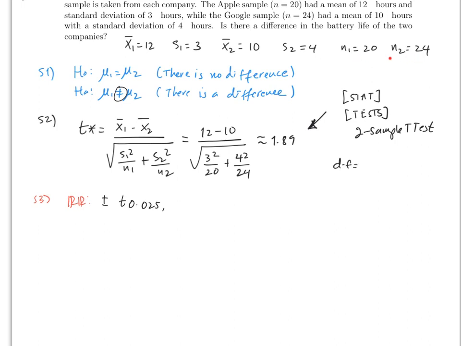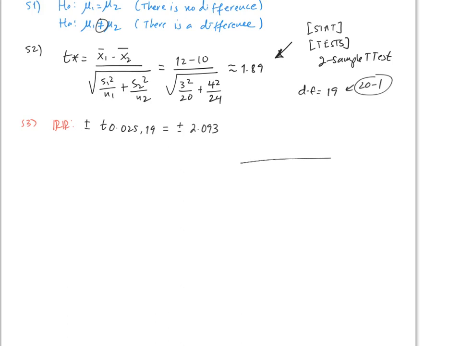The smallest n is 20 minus 1, so the degrees of freedom is 19. Then if we look to the t-table, this will be plus or minus 2.093.